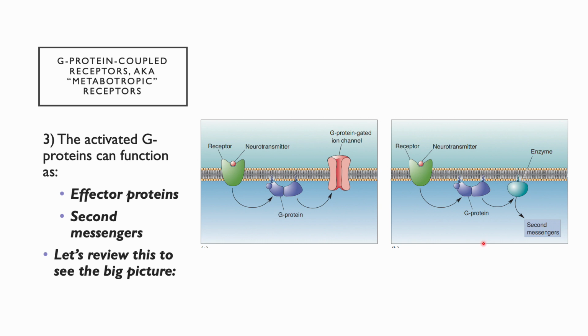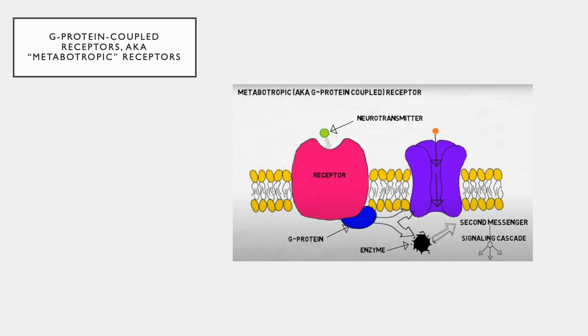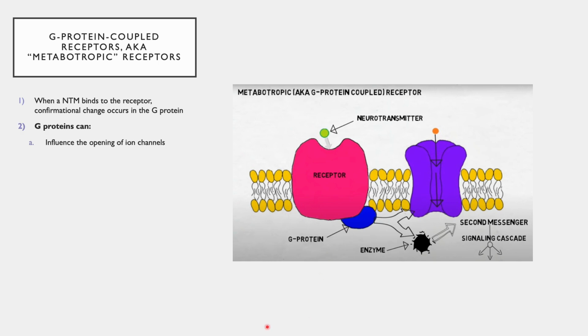Let's review this to look at the big picture. So when a neurotransmitter binds to this receptor of the G protein, we already know that it's going to induce a change in shape, known as conformational change. G proteins are composed of these 3 subunits, including alpha, beta, and gamma subunits. G proteins can influence the opening of nearby ion channels. They can influence other enzymes.